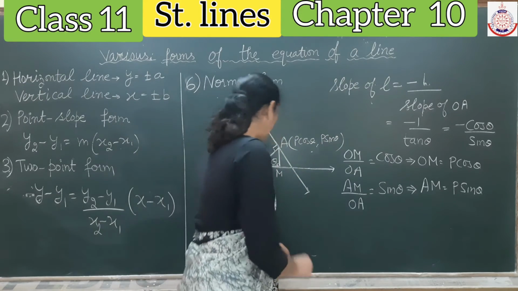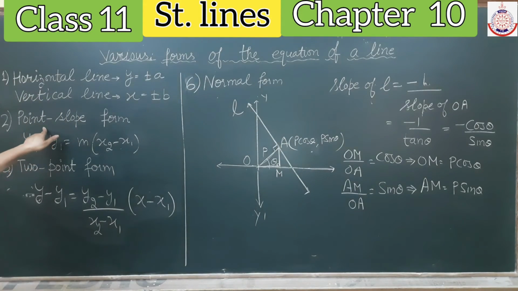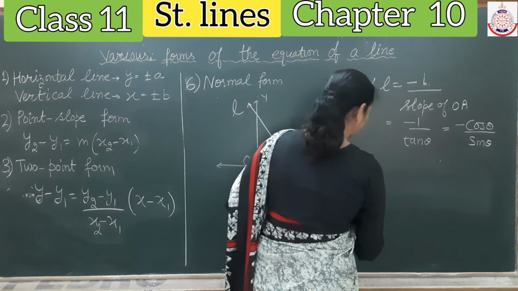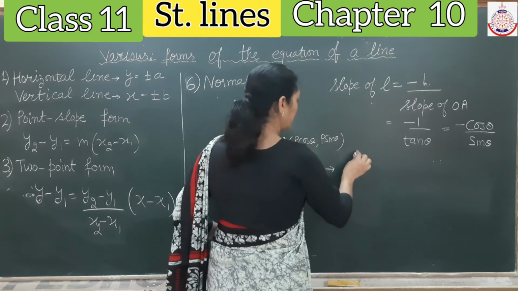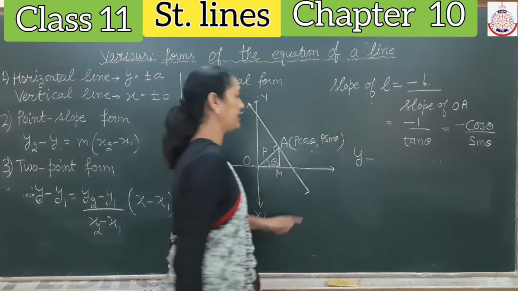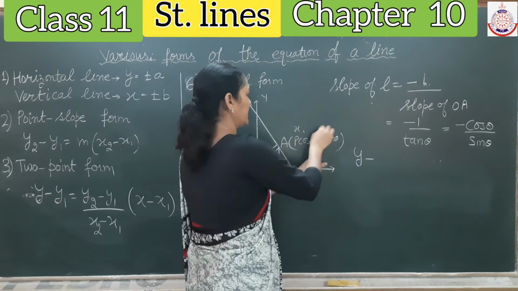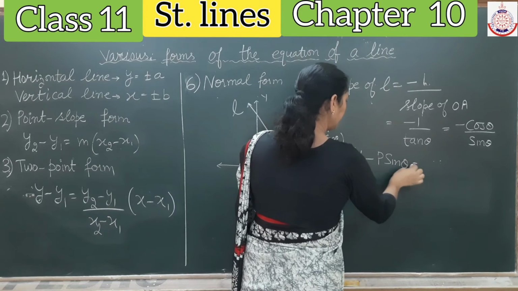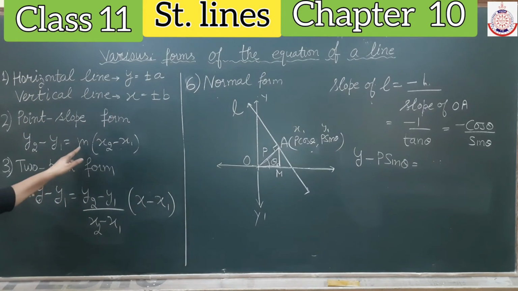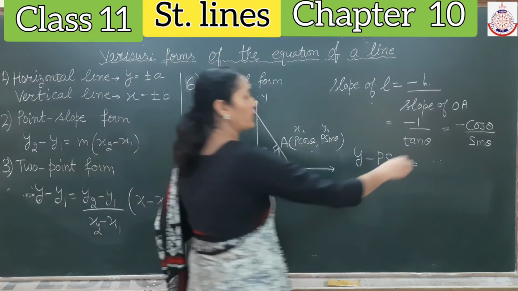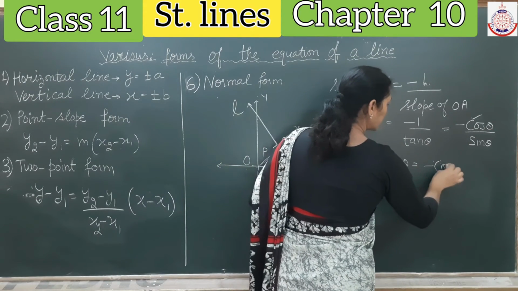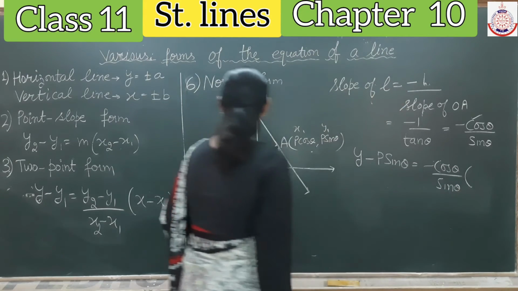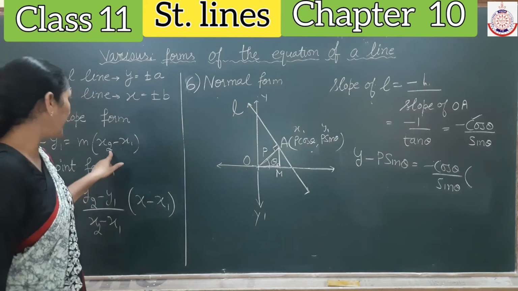Now using point slope form, y minus y1, in place of y1, P sin theta will come, equals m. M means slope, and the slope we have is minus cos theta upon sin theta, into x minus x1.